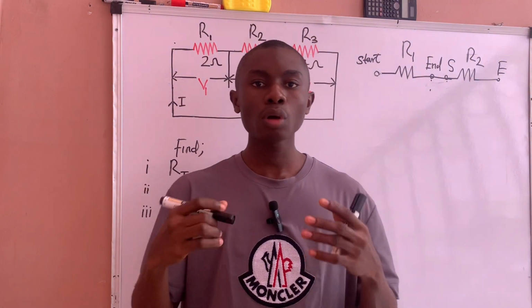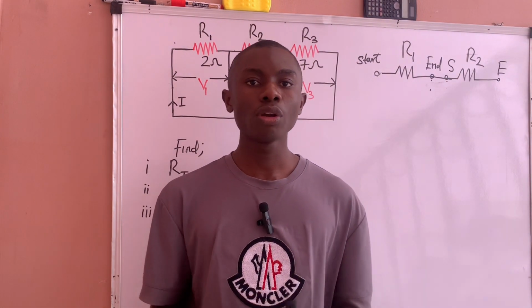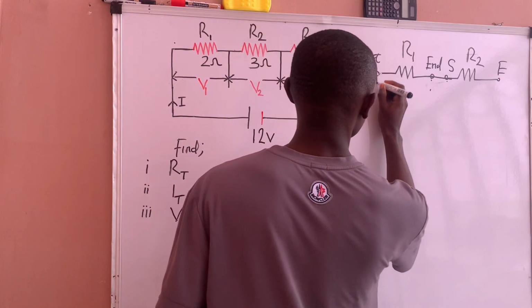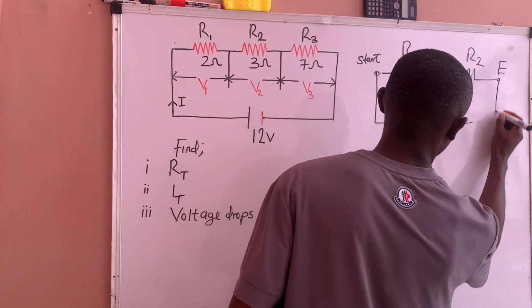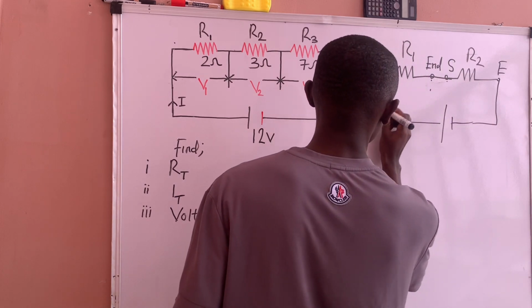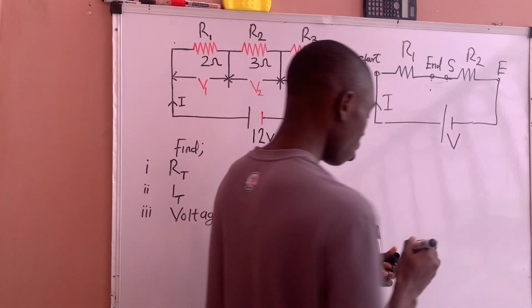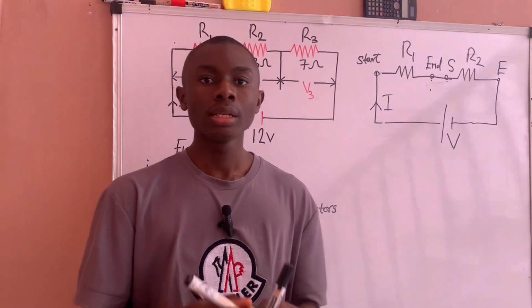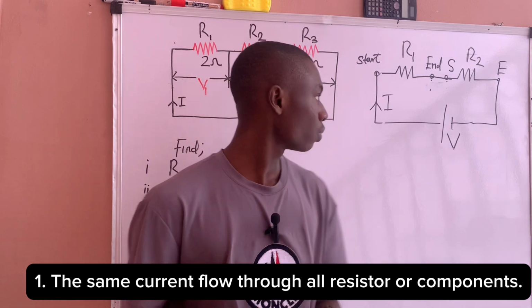What are the properties or characteristics of a series circuit? From this circuit, we can draw it like this and add a voltage source, with our source current and our supply voltage. One characteristic of a series circuit is that the same current flows through all components.